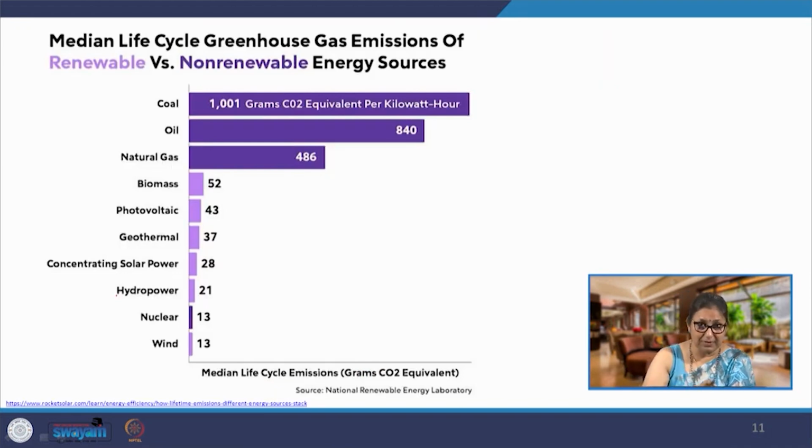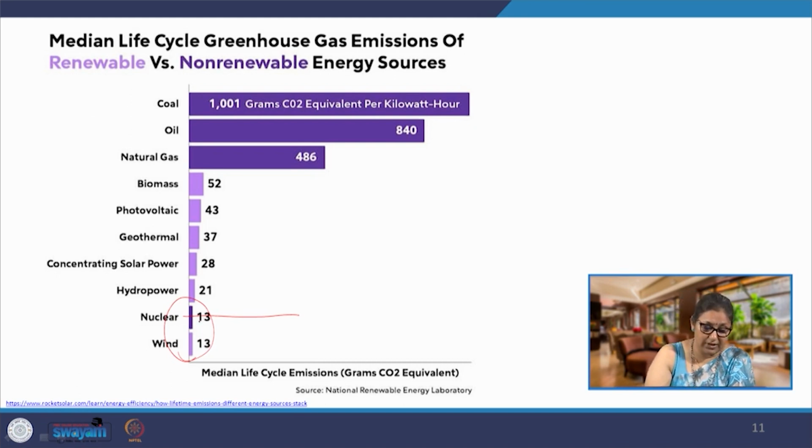If we place all these sources of energy, the non-renewable and renewable, in one graph, this is what we understand. So, wind and nuclear, nuclear is not renewable, it is non-renewable, but as I clearly said, nuclear still causes a significantly lesser amount of emission due to the processes that are there.